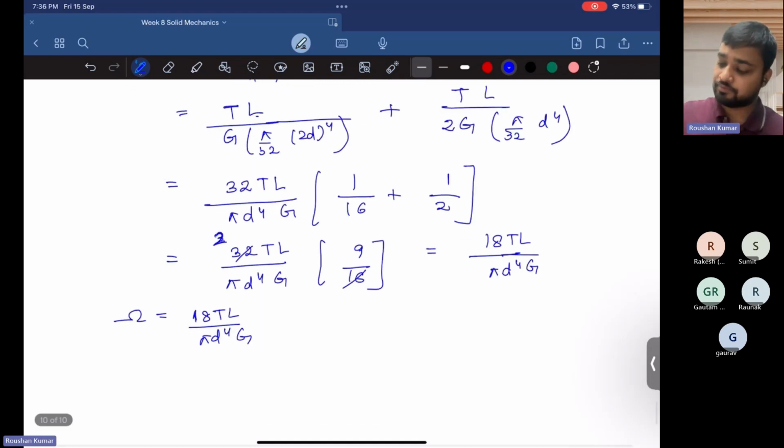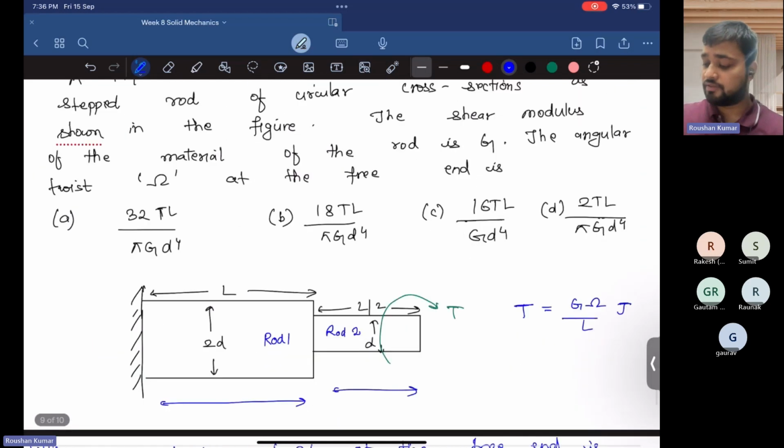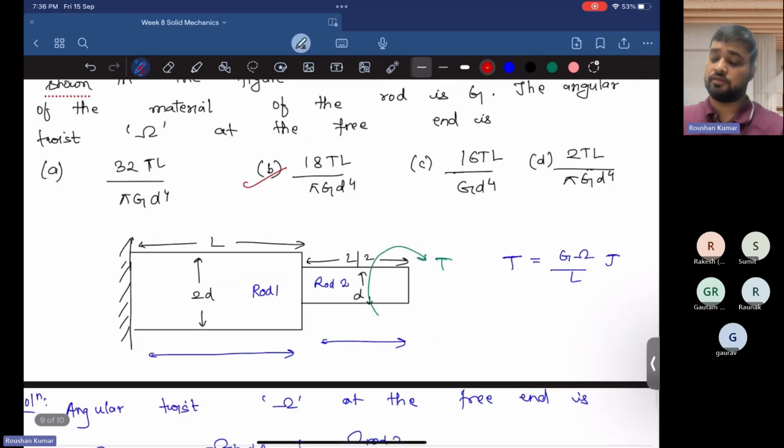This is the correct answer, and it matches option B.